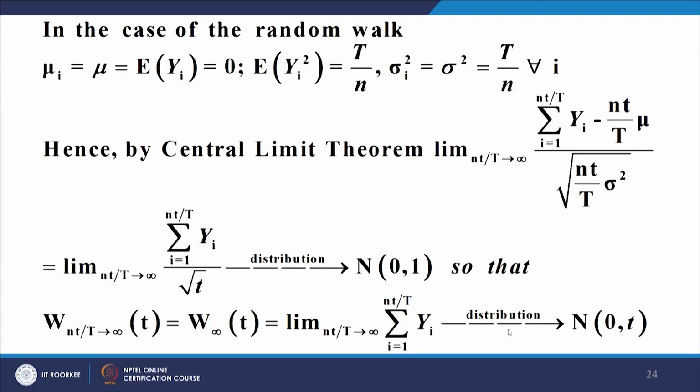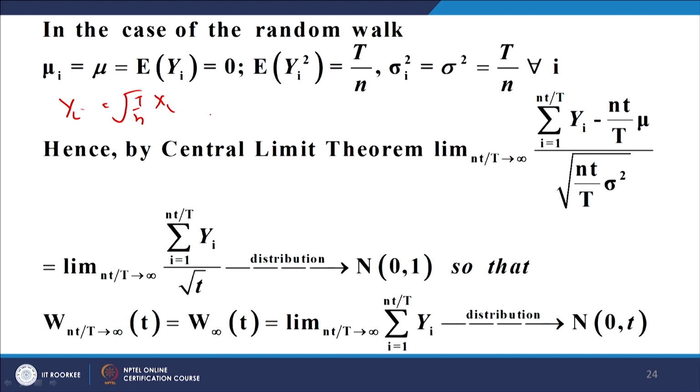Recall, in our case mu was equal to E of yi, which was 0, and as far as E of yi square was concerned, it was equal to t upon n, because yi was nothing but, just to recap, under root t upon n xi.